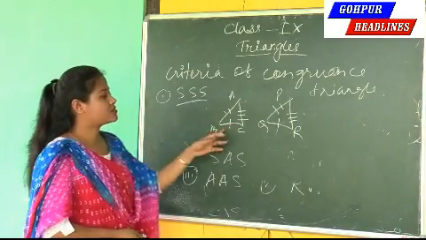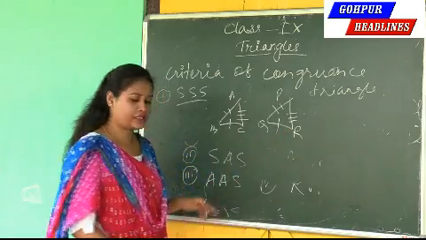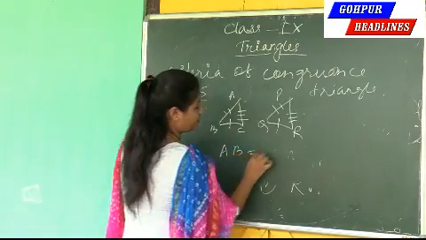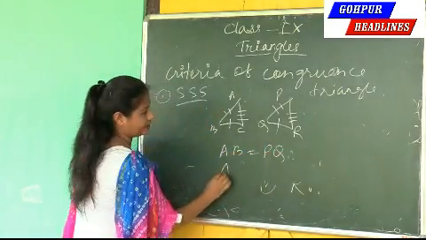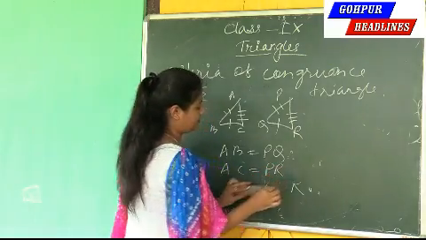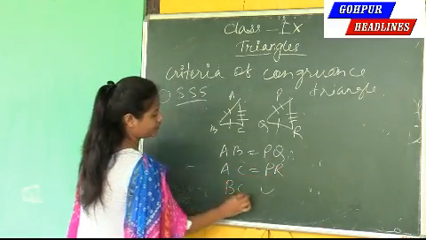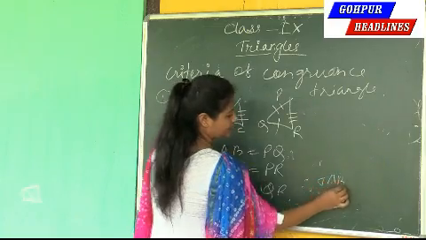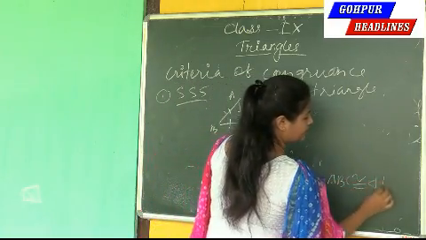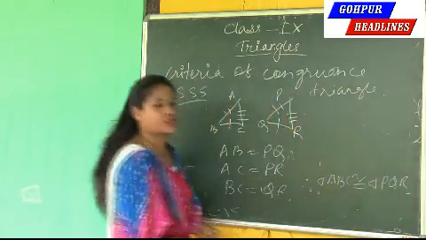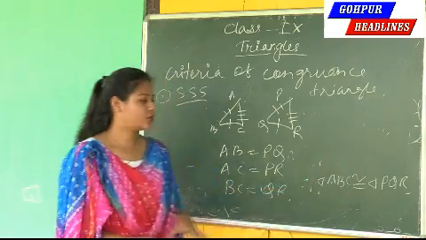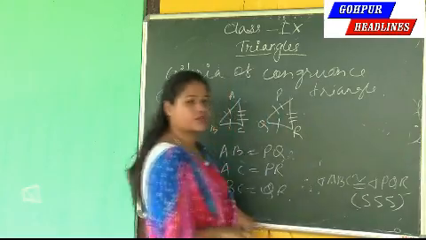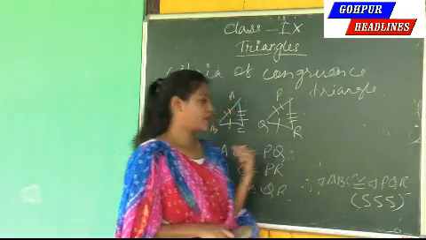So we can say these two triangles are congruent. That means AB equals PQ, AC equals PR, and BC equals QR. Therefore, triangle ABC is congruent to triangle PQR. According to what? According to side, side, side, these two triangles are congruent.